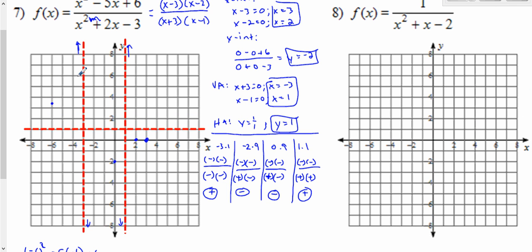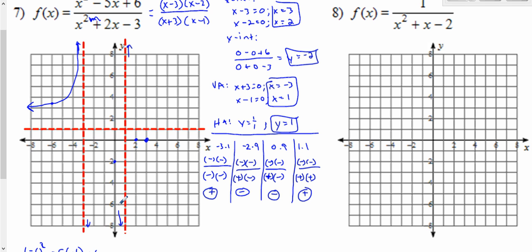Now I have a point to go through, and it's telling me to stay up above the horizontal asymptote. In the middle here, both my arrows are pointing down. The other thing I need to realize, I do have a point, but I do not have any x-intercepts. So when I come up, I'm going to come back down, and I need to make sure I stay below the x-axis.